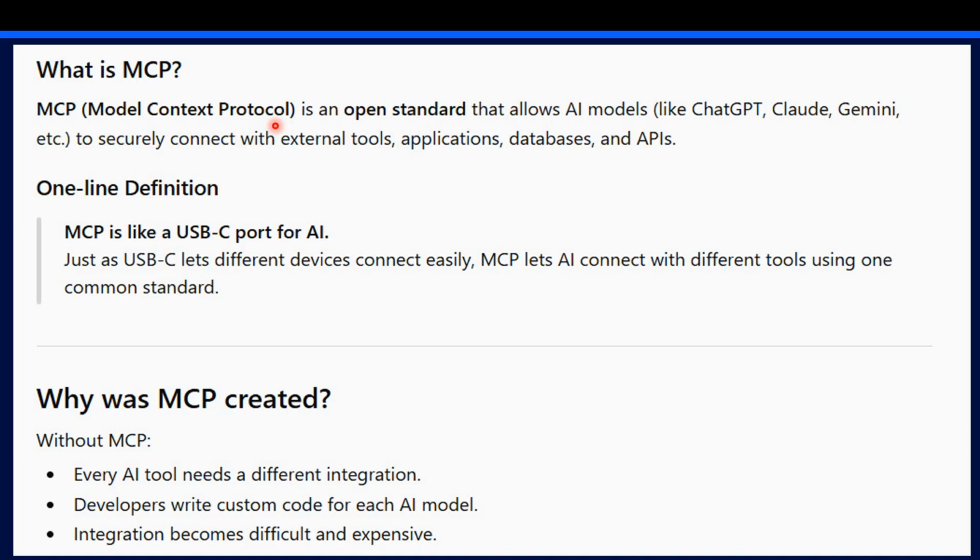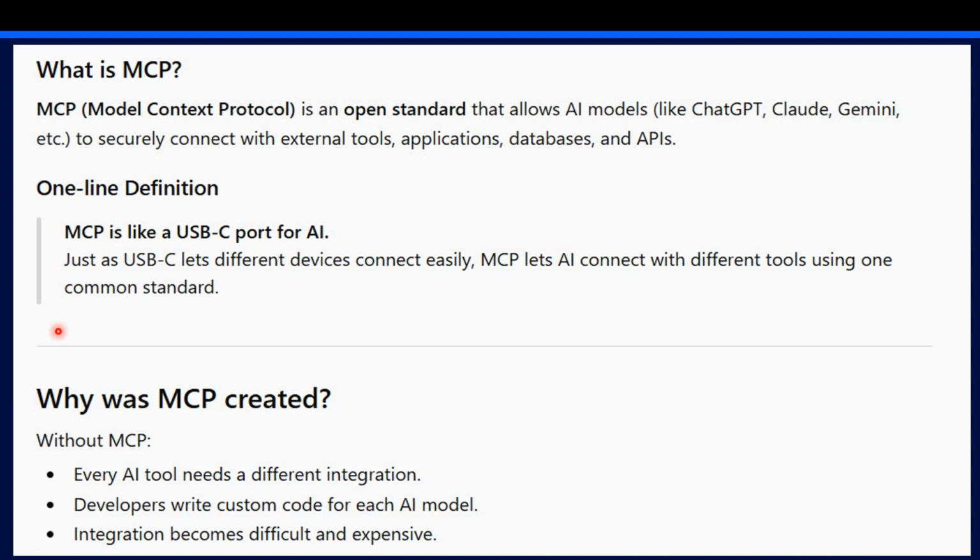Now the question comes, why do we really need MCP and why have we created this MCP? To answer this, firstly we will try to understand what would happen if we are not utilizing MCP, or what was happening earlier when we were not using the MCP protocol.